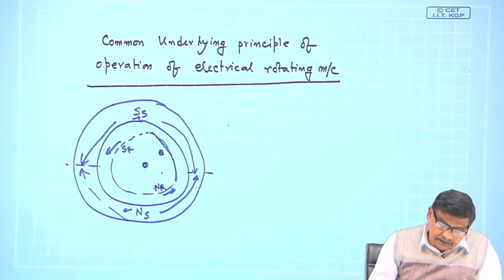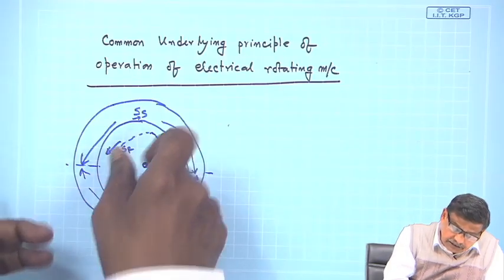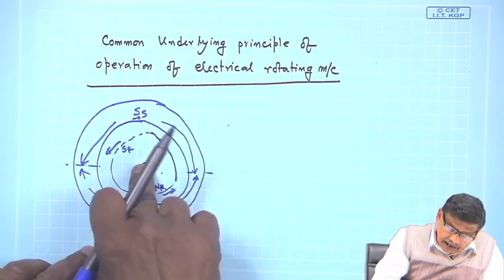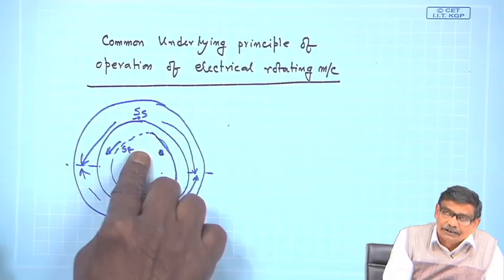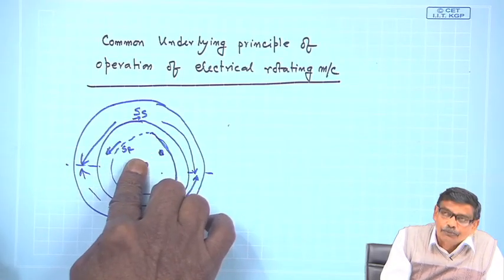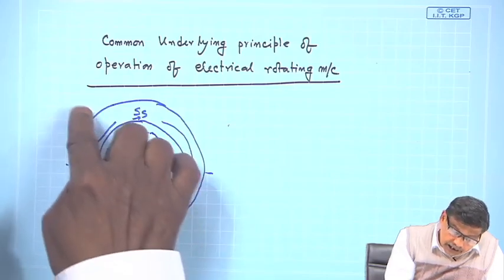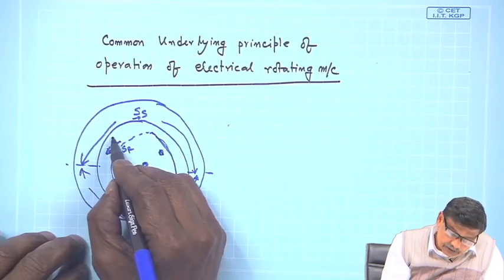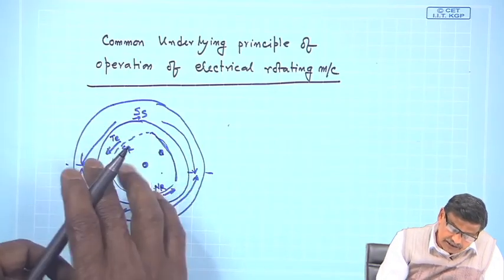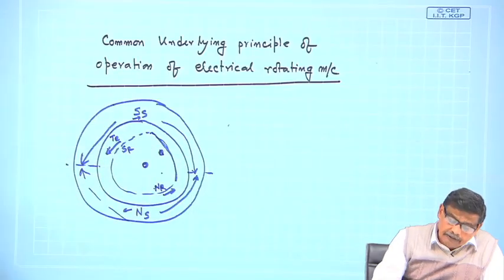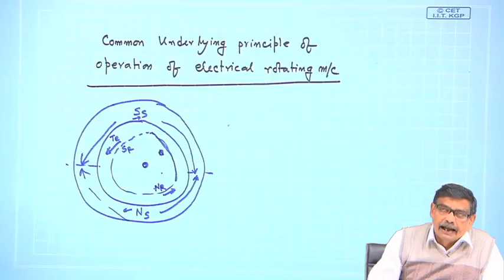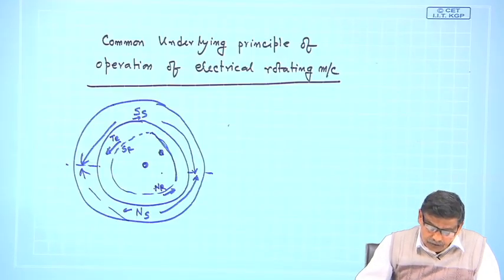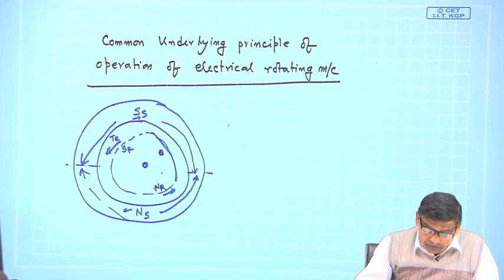Now, the question is, suppose in this position I am for the time being just holding the rotor, not allowing it to move, but I am sure at this point there is an electromagnetic torque in this anti-clockwise direction, is it not? Now what I do, I release my hand and the rotor is now allowed to move.